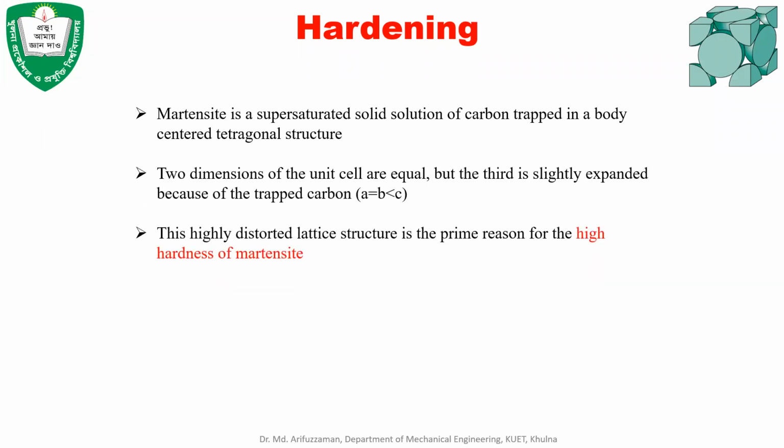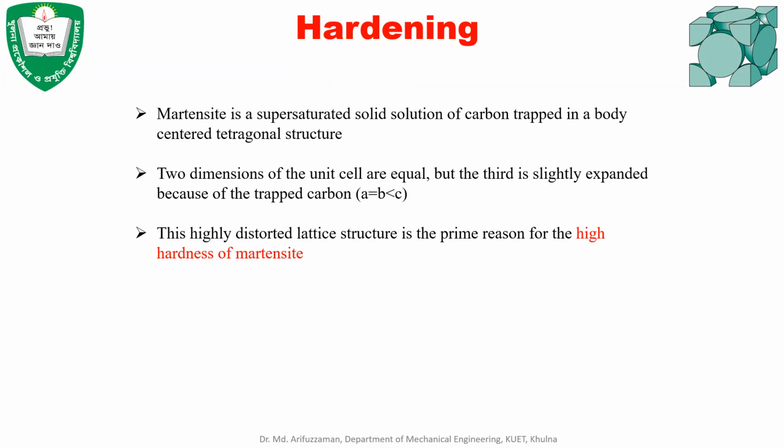And the highly distorted lattice structure, that means the tetragonal structure where A and B sides are the same but C is greater than both A and B, is a distorted structure, and that distorted lattice is the main reason for the high hardness of martensite.